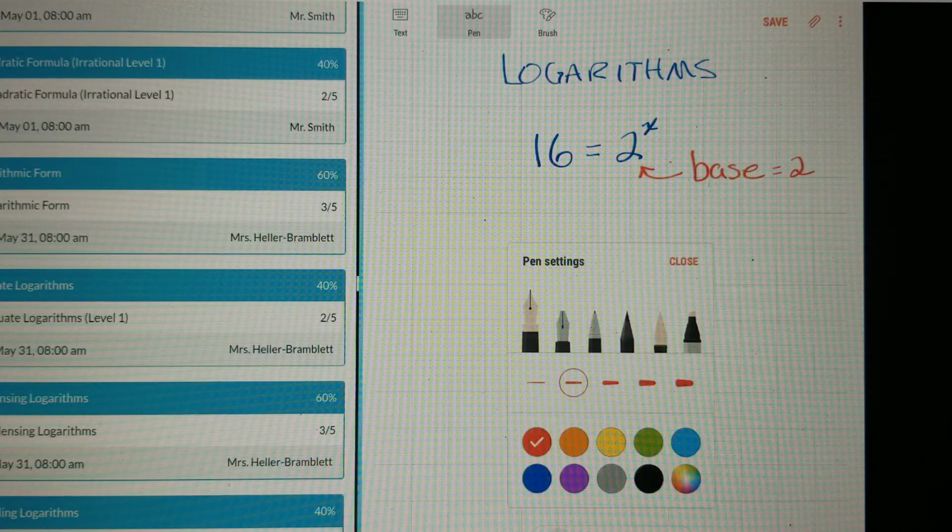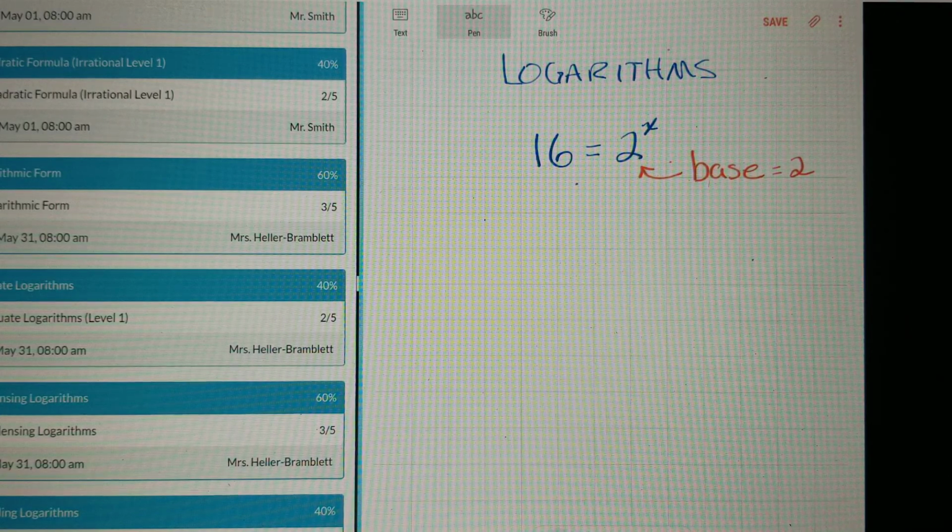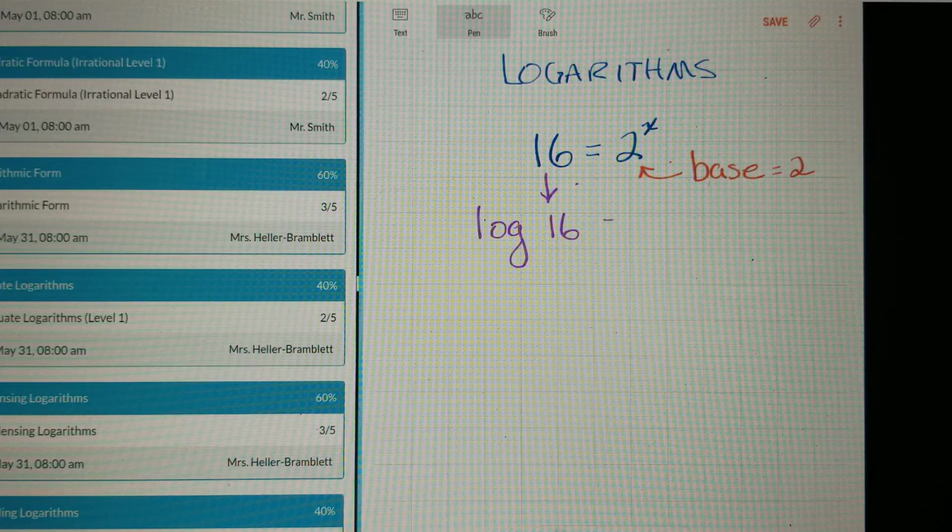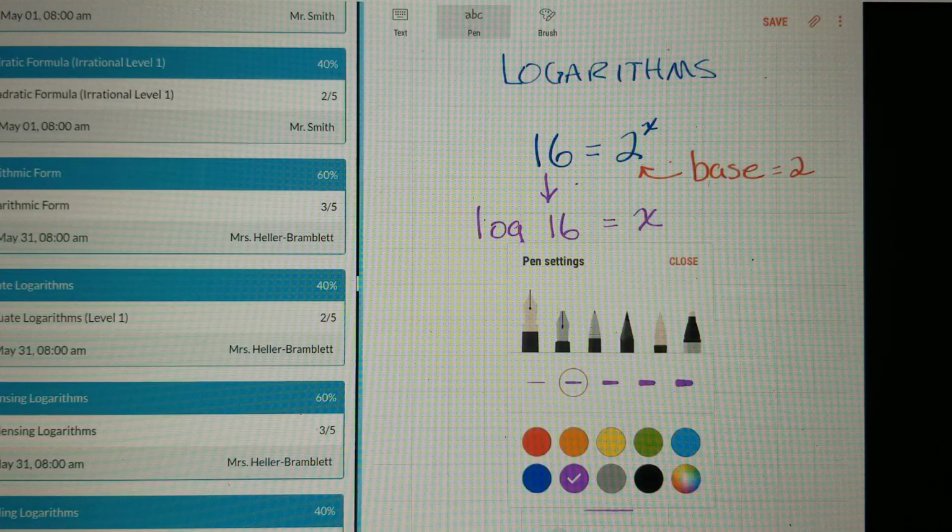All right, so solving logarithms is pretty easy. You rewrite the problem. So instead of saying 16, you say, I want the log of 16. And instead of 2 to the x power, you say, I want that to equal x. So log of 16 equals x. Well, what happened to this 2?